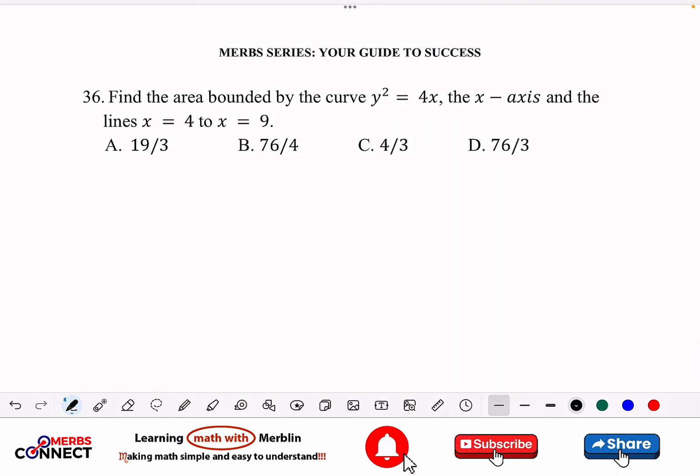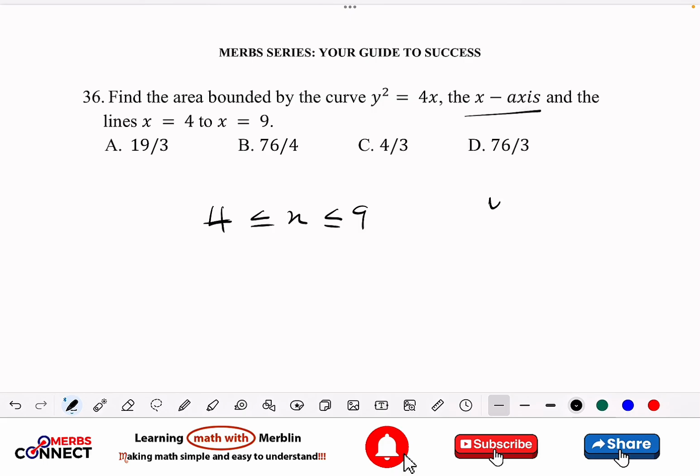So let me leave this one for you to also do because we've been doing this a lot. But this one, they've given you the point already. So all you need to know here is you are just going to integrate from 4 to 9, right? And then they've given you the x-axis again.